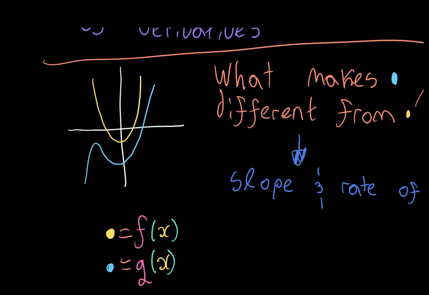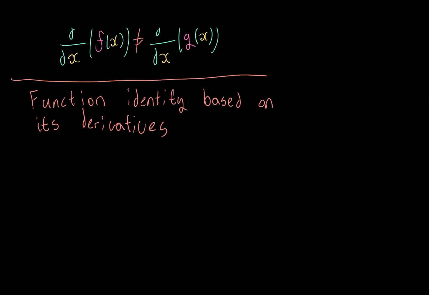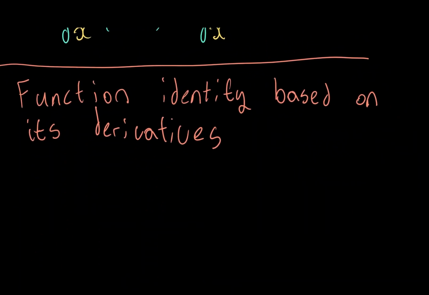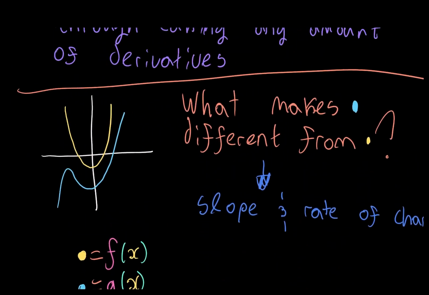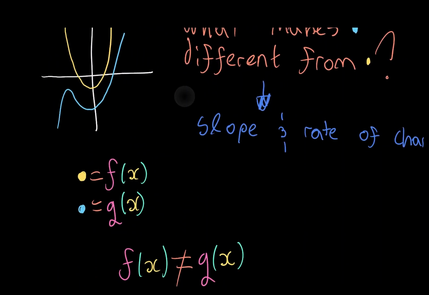We could tell they're not the same because they have different curves. So that's what we're saying here: a function's identity is based on its curves. If they have the same curves, then they have the same derivatives. But if they have different curves, then they must have different derivatives. So that's their identity, right? If you have blue eyes and someone else has brown eyes, then you're different because of your eye colors. You have different parts of your identity. And that's the same thing with functions.